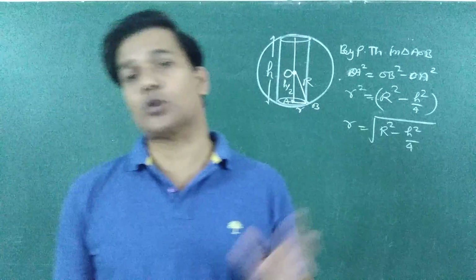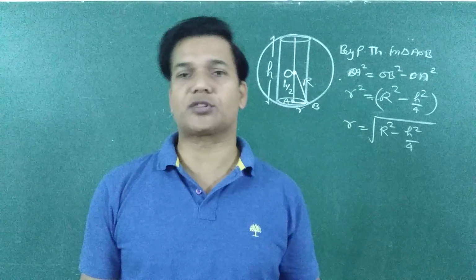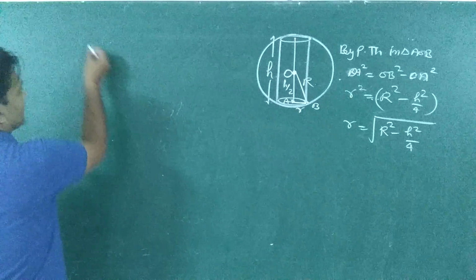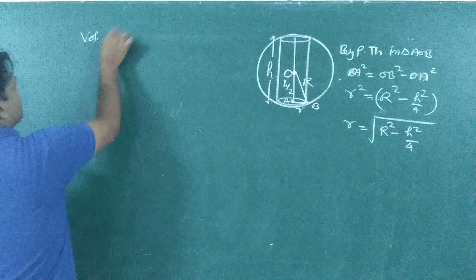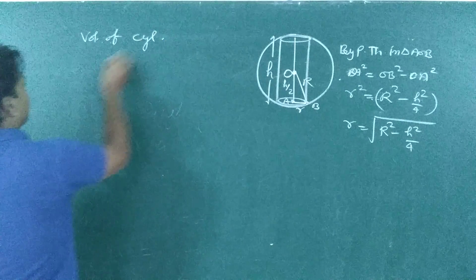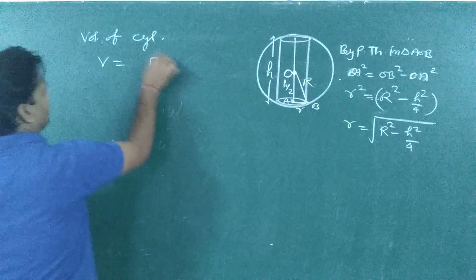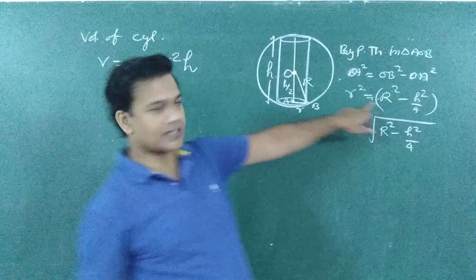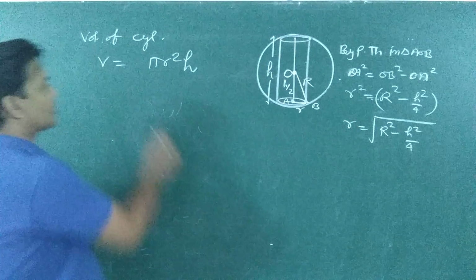Now we want to show that the volume of this cylinder should be maximum, and for that we are taking the volume of the cylinder, which is given by V equals pi r square h. The value of r square is this. Substitute in terms of h.